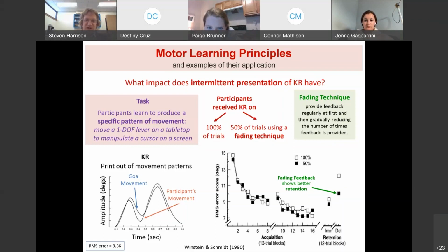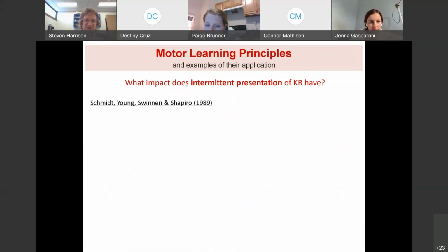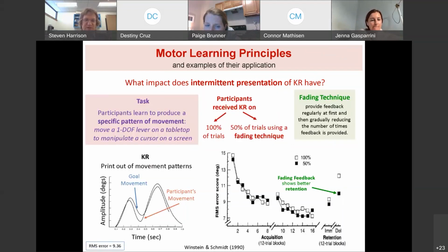If we look at the acquisition, we're seeing the different blocks of trials. Each block has 12 trials of practice going into each of those data points, and you can see that with practice, their error is going down and down and down as they keep practicing.